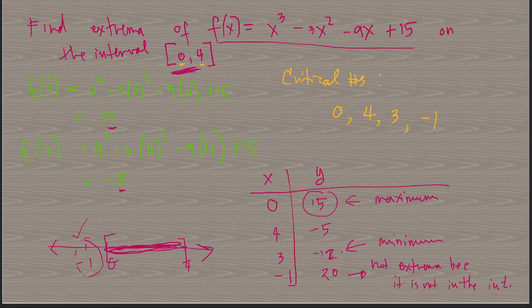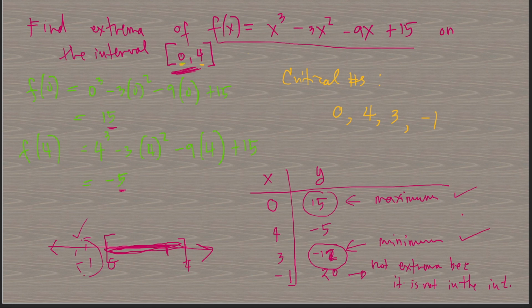Why minimum? Because it is the lowest value of y, and this y came from 3. Is 3 included in our interval? Yes, because 3 is in between 0 and 4. So in this example, our maximum is 15, our minimum is -12.